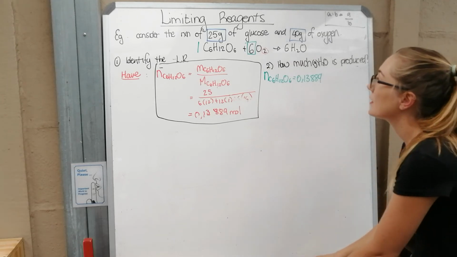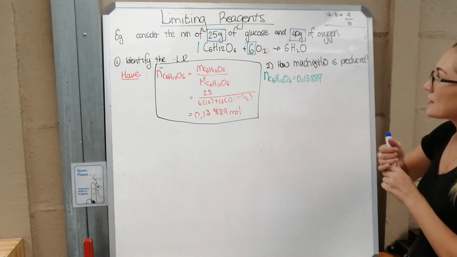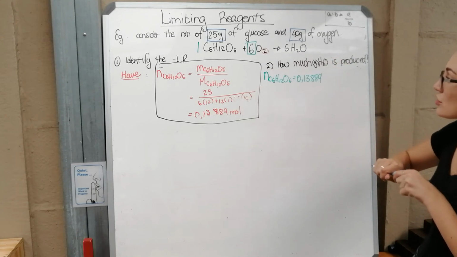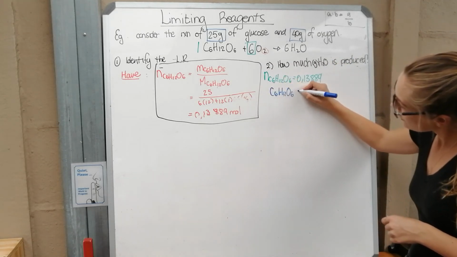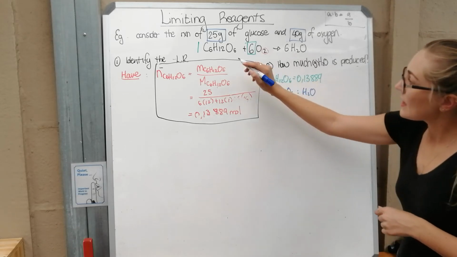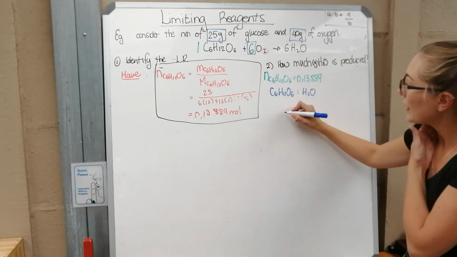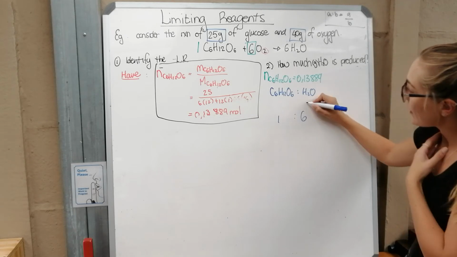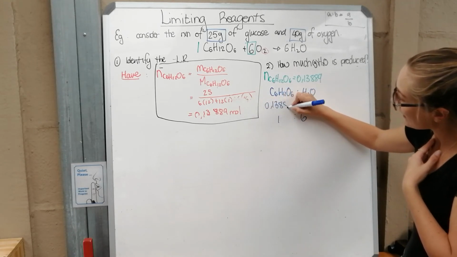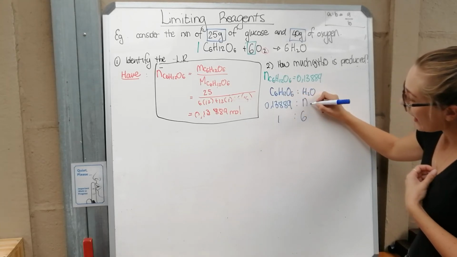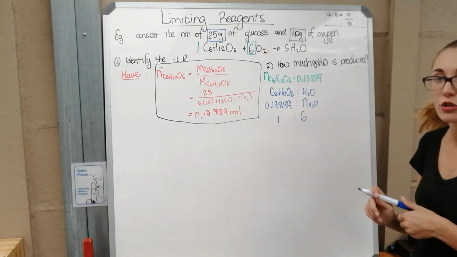Next up we use our ratios to figure out how many moles of water are produced. So glucose to water is a 1:6 ratio, okay? And above our ratios, we write down moles. So we've got 0.13889 moles of glucose, and we want to know how many moles of H2O we have.